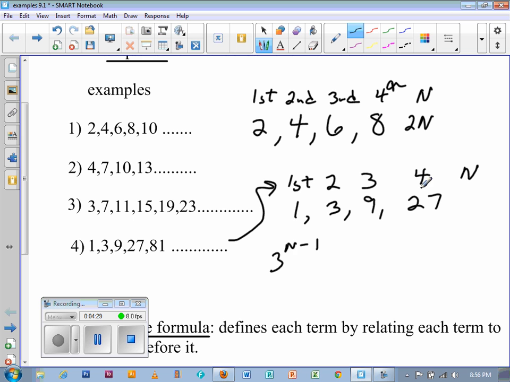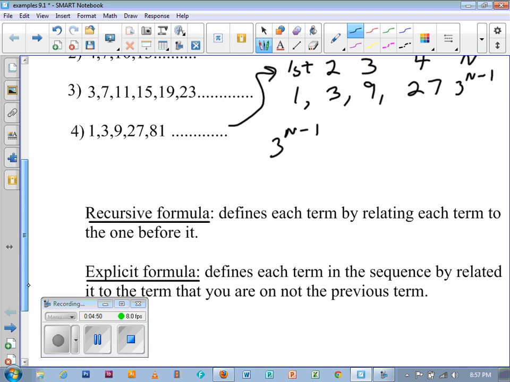If I put 4 in, it's 3 cubed, which is 27. So you can see that now all I have to know is what term I'm on. I don't need to go to the previous term, and I'll just take 3 to the n minus 1 power. These are much more challenging to come up with in certain situations, and that's one thing we're going to practice in this chapter.